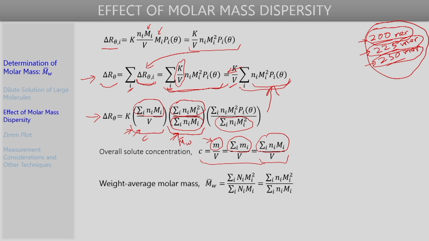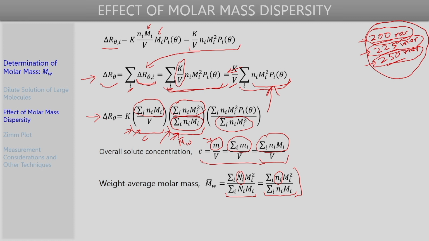So, if we just recall the expression for weight average molar mass, that is sigma capital Ni Mi square by sigma capital Ni Mi, where capital Ni corresponds to the number of molecules, and equivalently we can write that as sigma small ni Mi square by sigma small ni Mi. This small ni corresponds to the number of moles. So, the term here is the same as what we have here, that is the definition of the weight average molar mass.